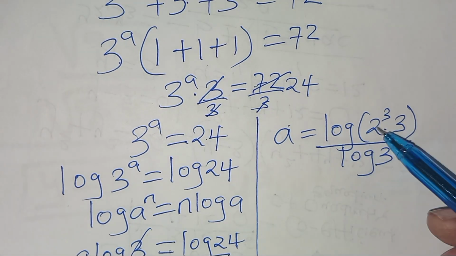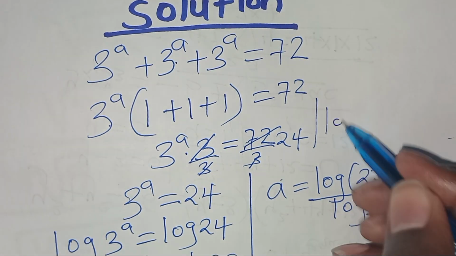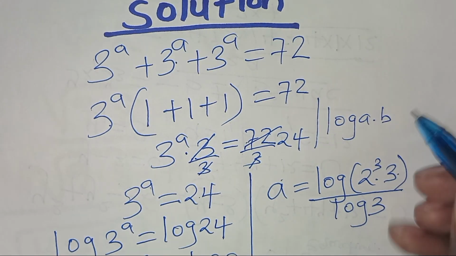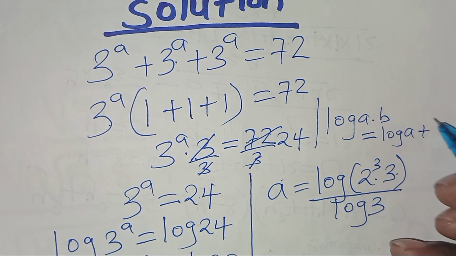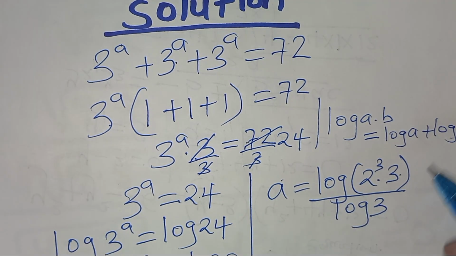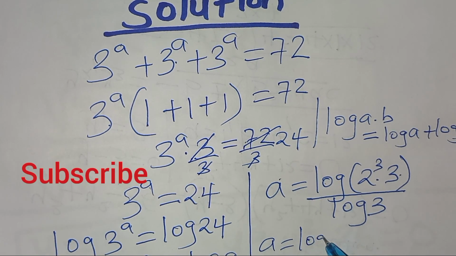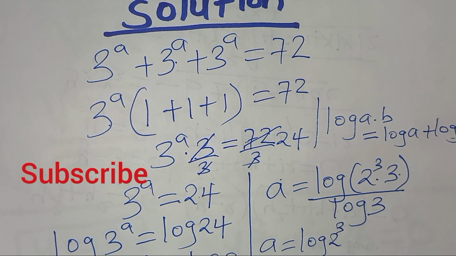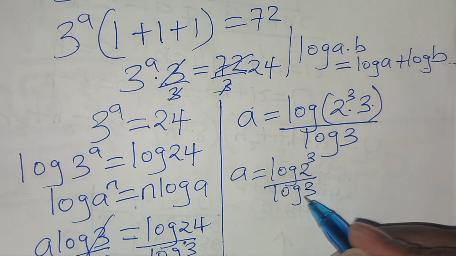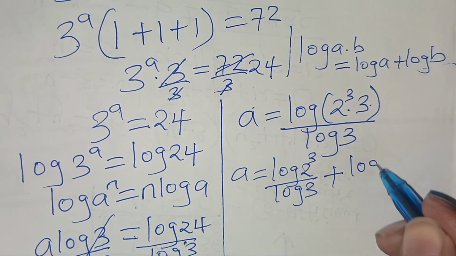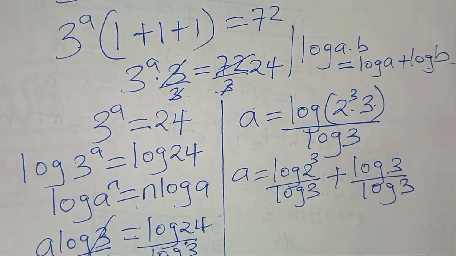And you find that log 2 to power 3 times 3, this is actually in the form of log a times b, which we can express as log a plus log b. Applying this property, we find that a is equal to log 2 to power 3 divided by log 3 plus log 3 divided by log 3.